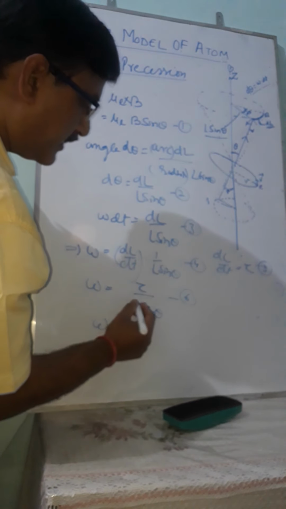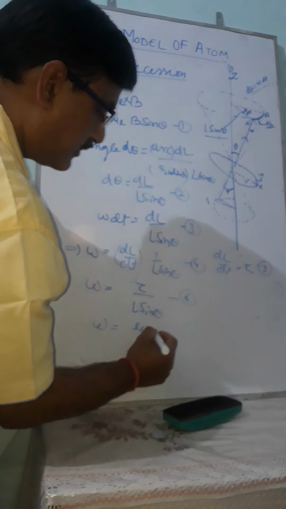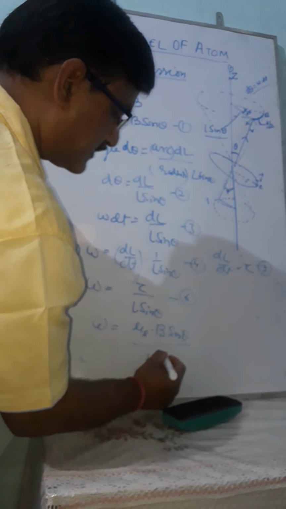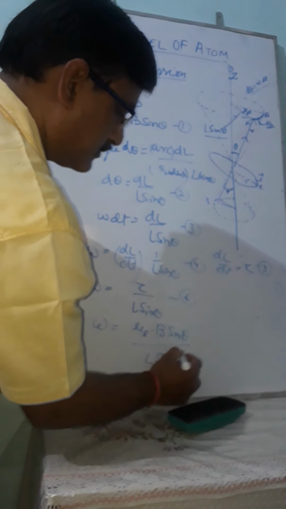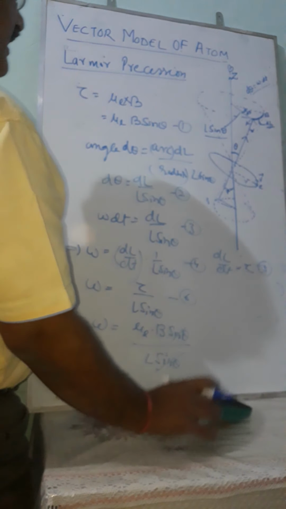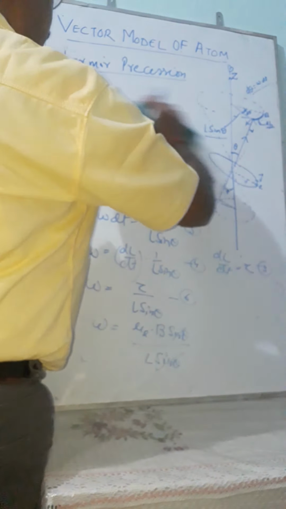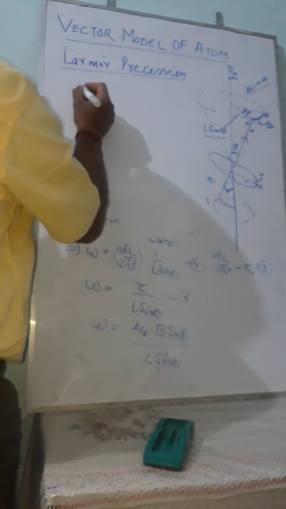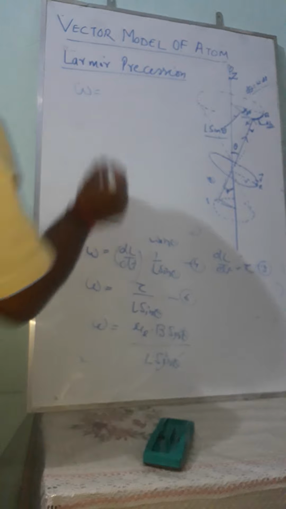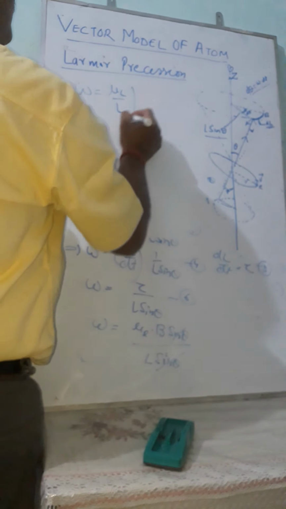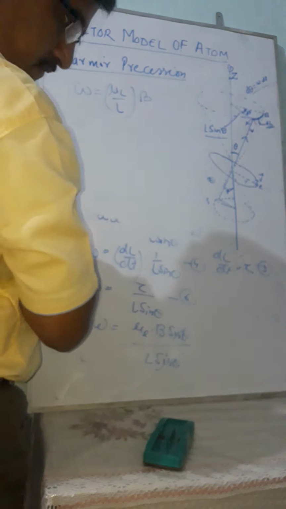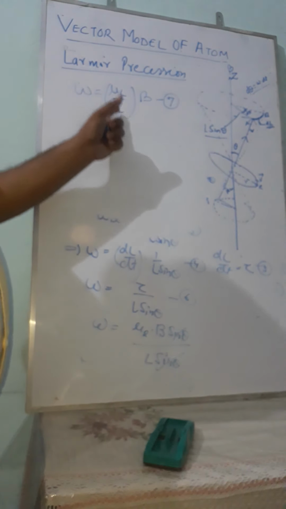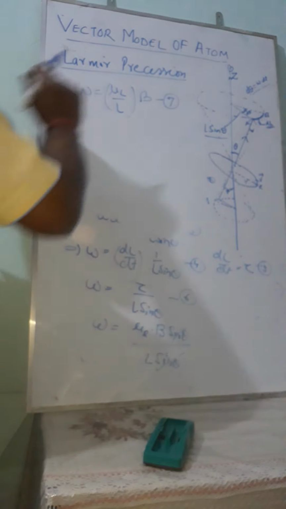So omega is equal to mu L into B sine theta upon L sine theta. The sine theta cancels out, so omega comes out to be mu L upon L into B. This is equation number 7: omega is equal to mu L upon L into B.